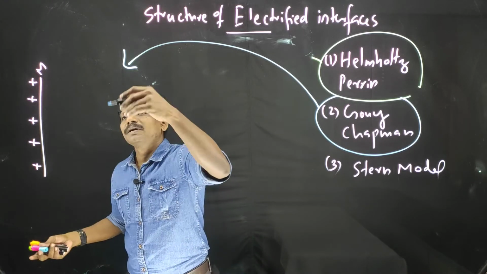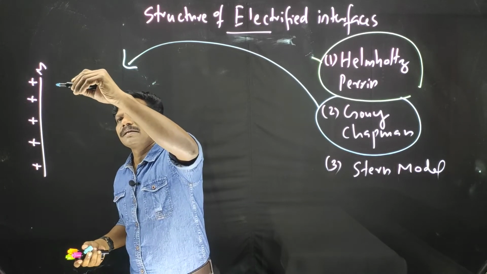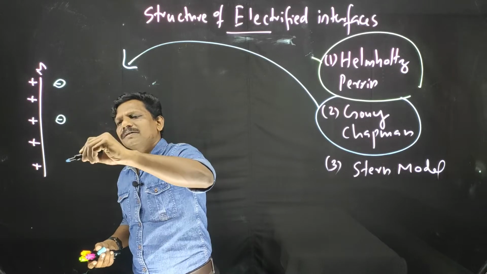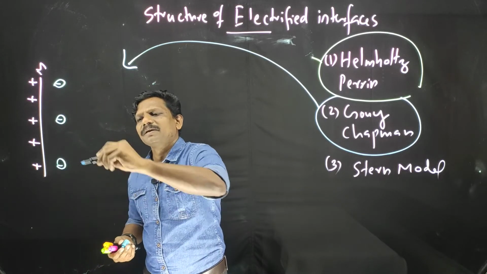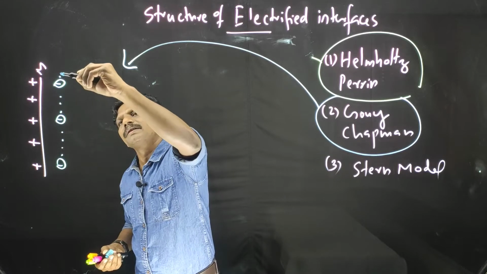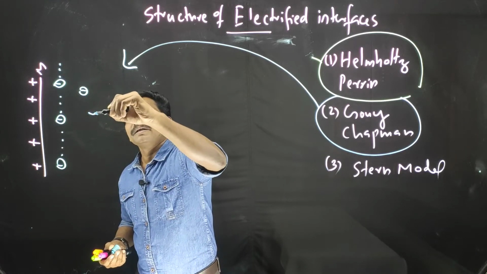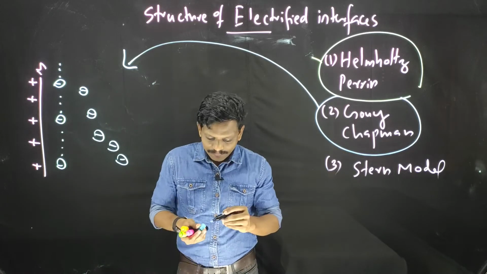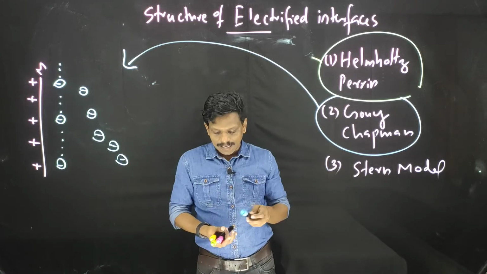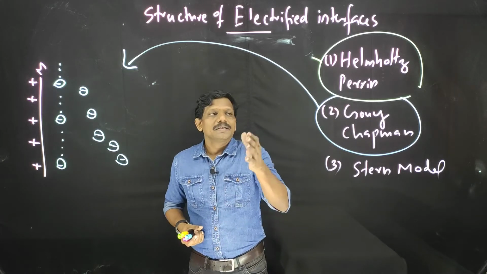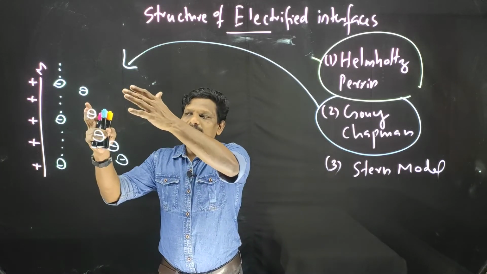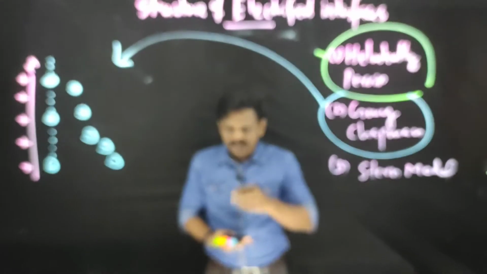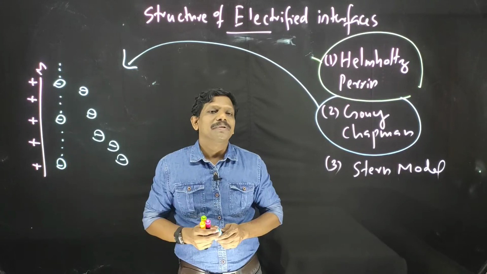It is a more flexible layer. That means some negative charge may be here, in the OHP, and all other negative charge is simply diffusing like this. That means he explained that there will be an exponential reduction of potential starting from the metal.